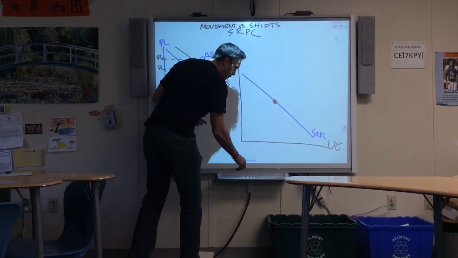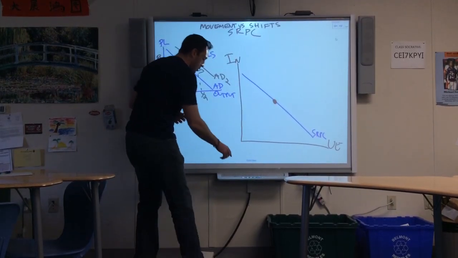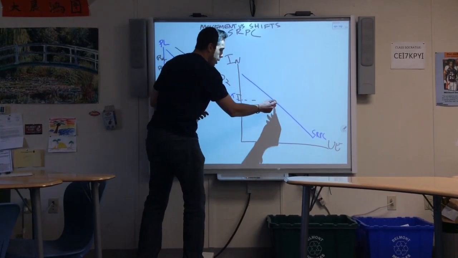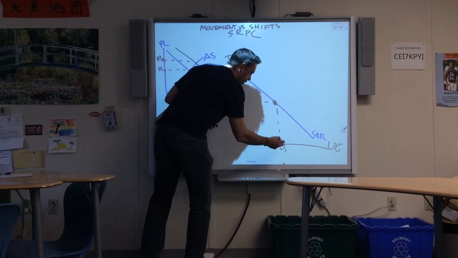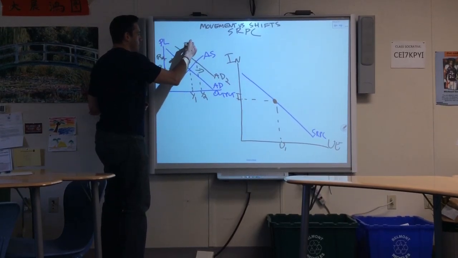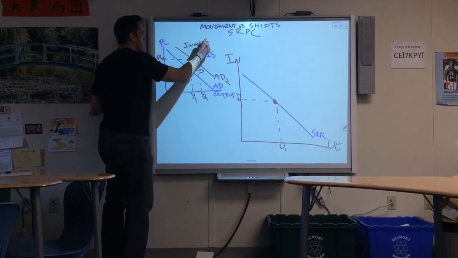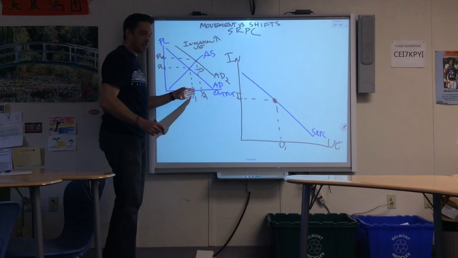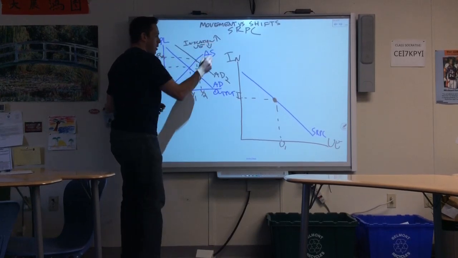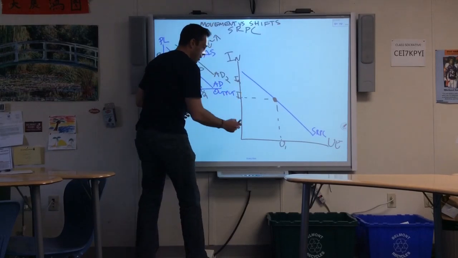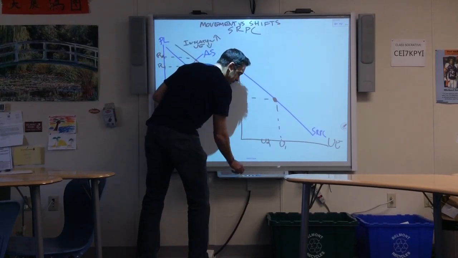So on our short-run Phillips curve, this is our starting point, I1 and U1. We have inflation that goes up, and because output increases, unemployment goes down. So I want more inflation and less unemployment.